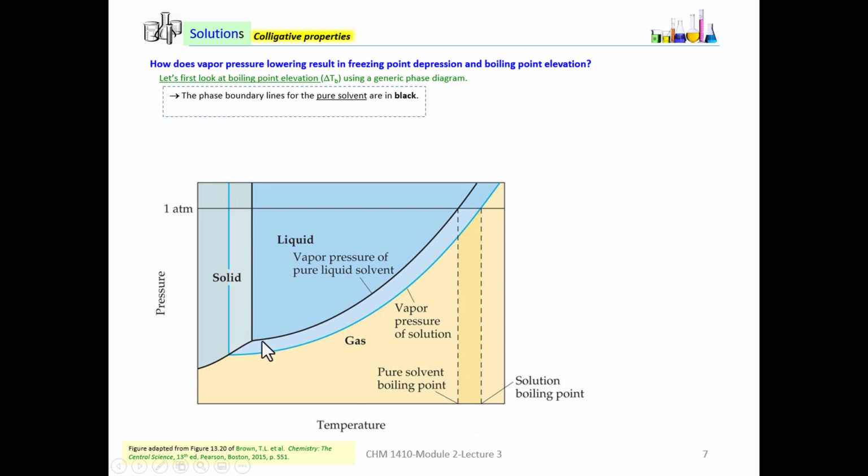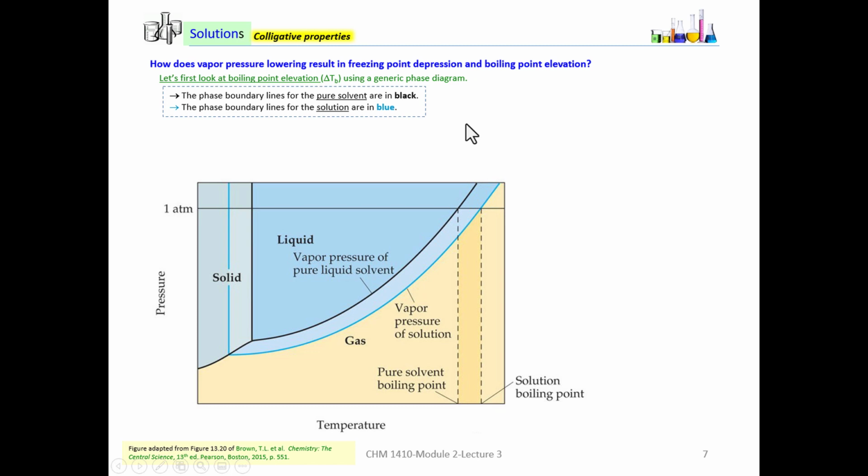And so at each one of these temperatures, this would be the vapor pressure, in our case, of water in equilibrium with liquid water for just pure water. So this is the vapor pressure for pure water. The blue lines are phase boundary lines for the solution. So we can say, okay, this is for our glucose solution.